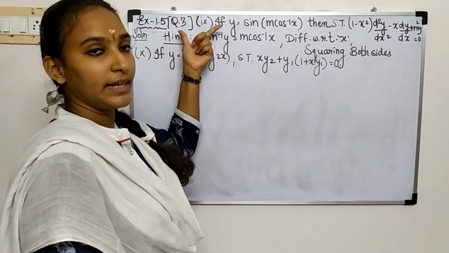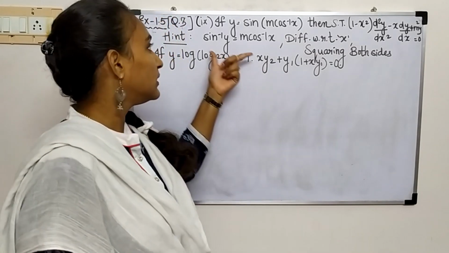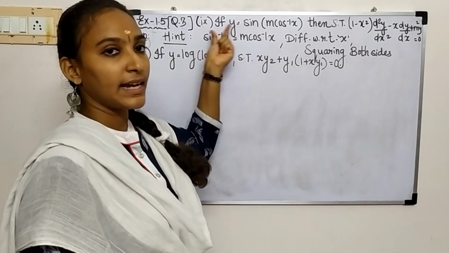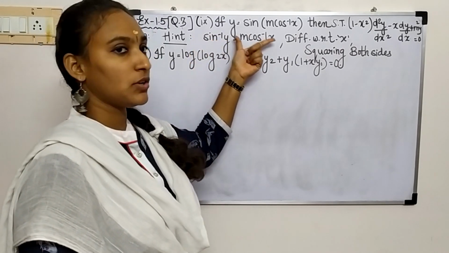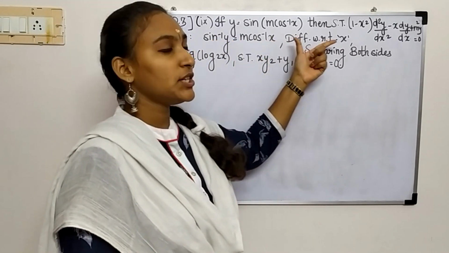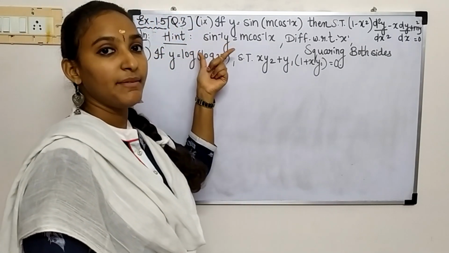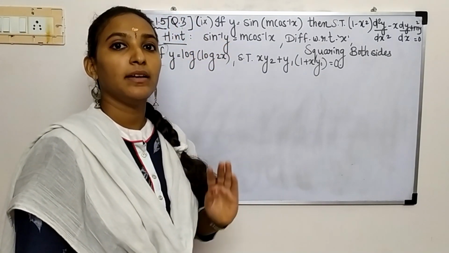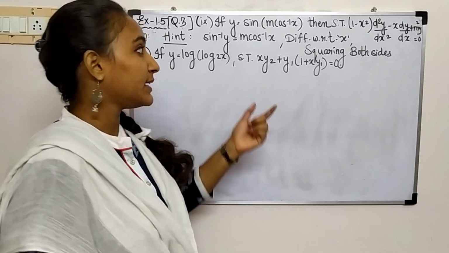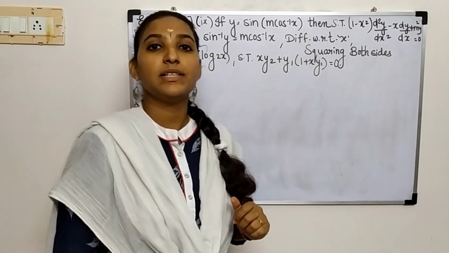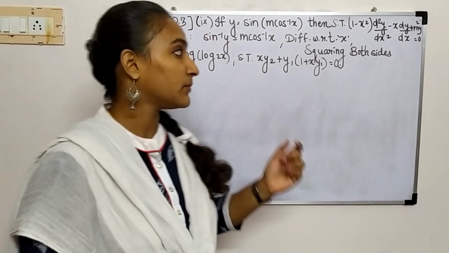So in question number 9, I am going to give you a hint. You are going to solve. The hint is, take the sine to the LHS, it will become sin inverse y equal to m cos inverse x. Differentiate with respect to x first. So the derivative of sin inverse y will be 1 upon root 1 minus y square dy by dx, and the derivative of cos inverse x will be minus 1 upon root 1 minus x square.